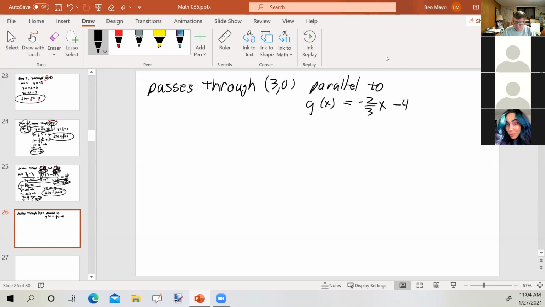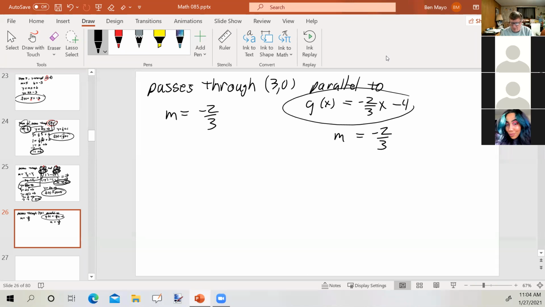All right. So parallel lines have the same slope. What is the slope of g of x? That slope is -2/3, which means the slope of the line we're looking for is also -2/3.